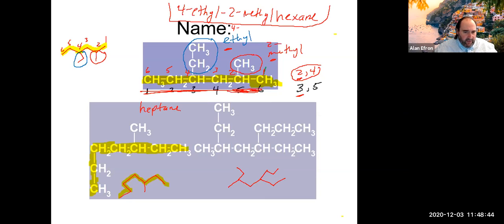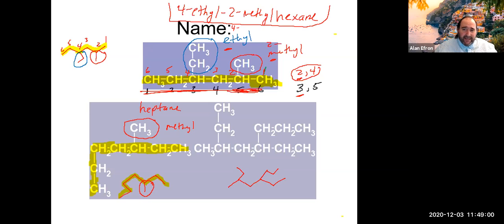That means we have one group attached right there, and that is a methyl group. And that would be this little line that's hanging off there. We then want to number it whichever way is going to give us the smaller number.